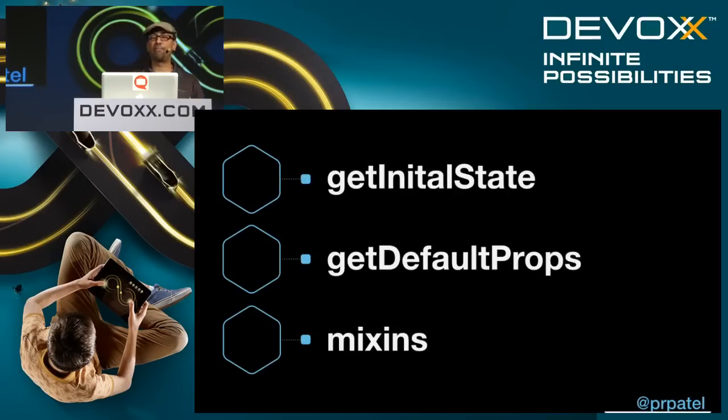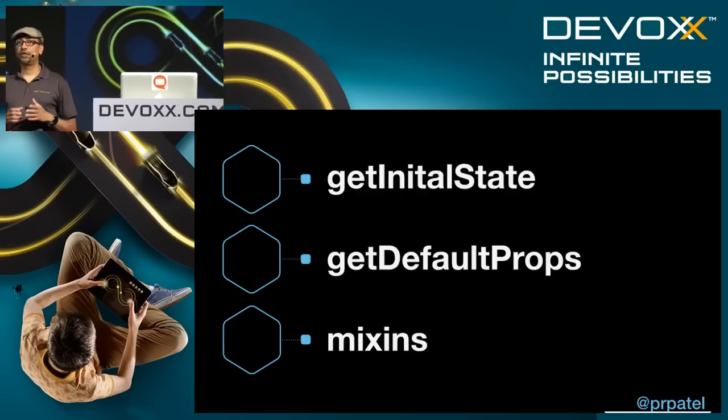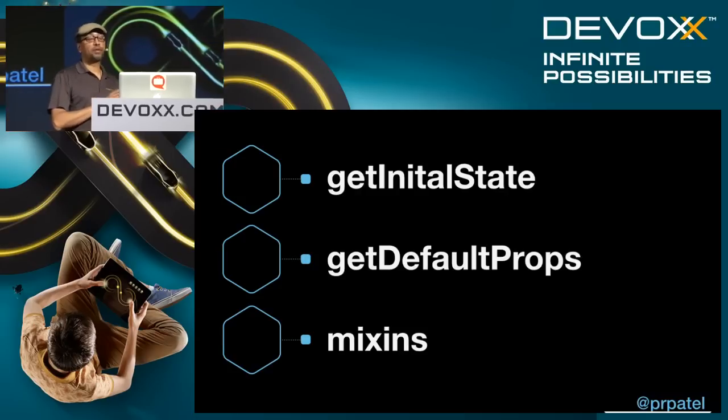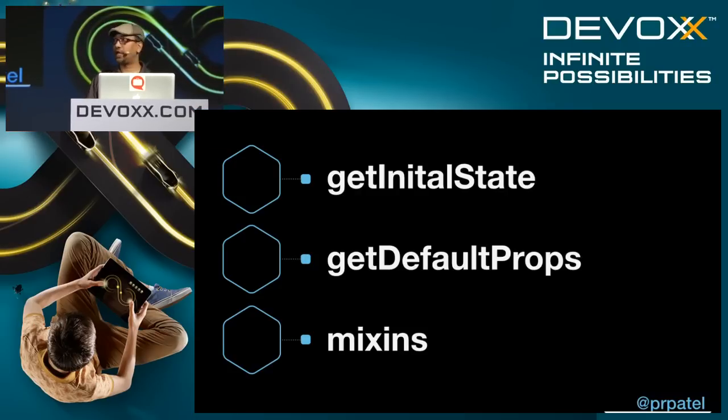There are a bunch of different things available in terms of both the specification and hooking into the life cycle of a component. In terms of the spec itself, there's getInitialState and getDefaultProps. There's also the ability to do mixins to have shared state listeners and other types of event listeners that you can share across multiple components.